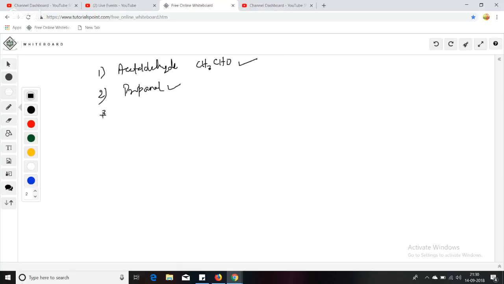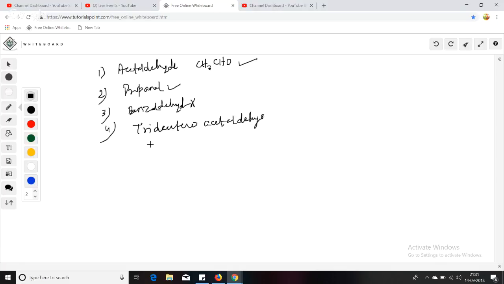Third one is benzaldehyde, not possible because there is no alpha hydrogen present. Fourth one is trideuteroacetaldehyde.